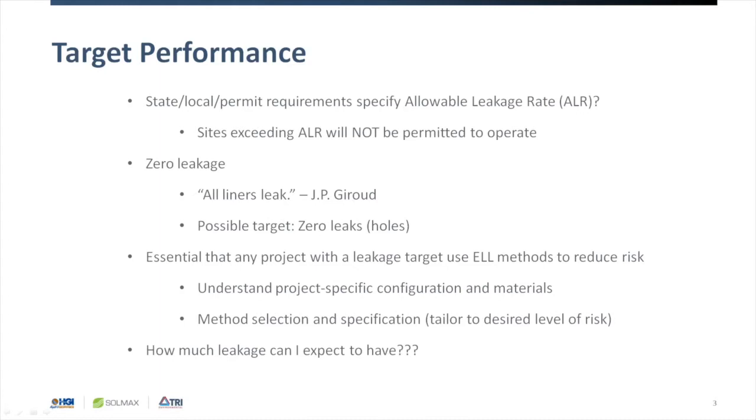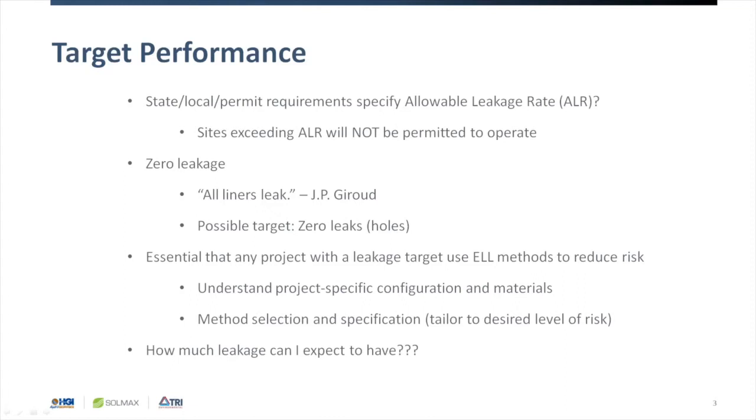I've seen zero leakage in some specifications, which some folks think is impossible to achieve. According to JP Giroux, all liners leak. We'll talk a little bit later about why he would make that claim. But I can tell you it's possible to install a geomembrane without holes in it, or zero leaks. However, it's essential that any project that really cares about leakage, if you want that geomembrane to perform at all, you really need to use EL methods to reduce the risk of leakage in general and exceeding that ALR for your site.